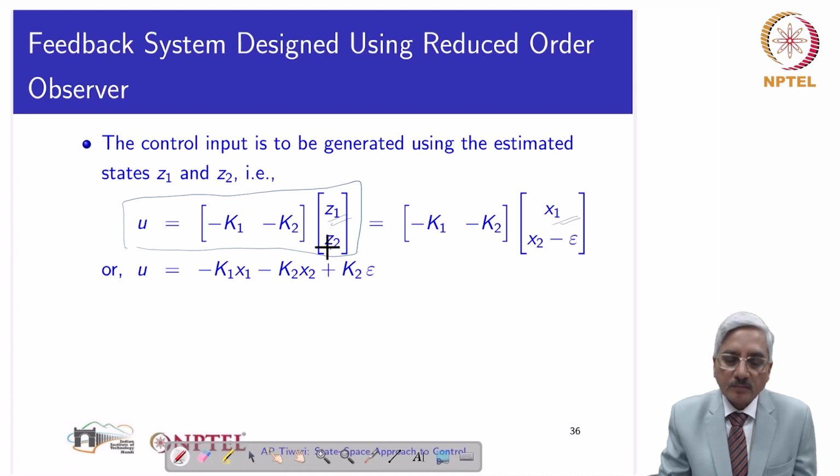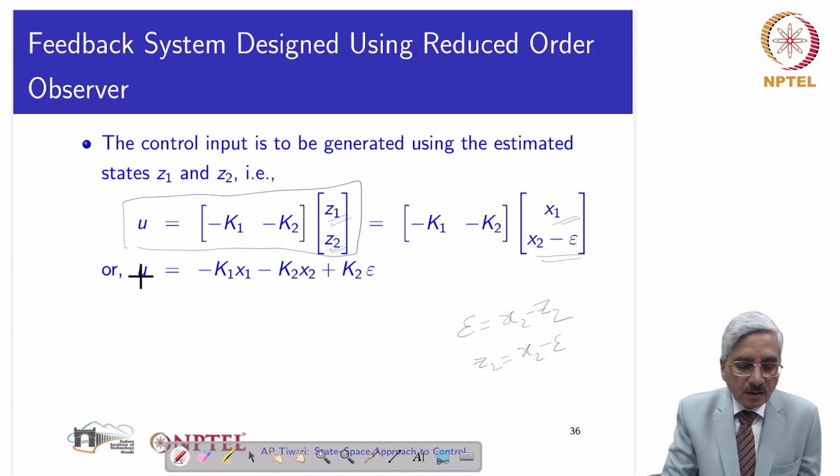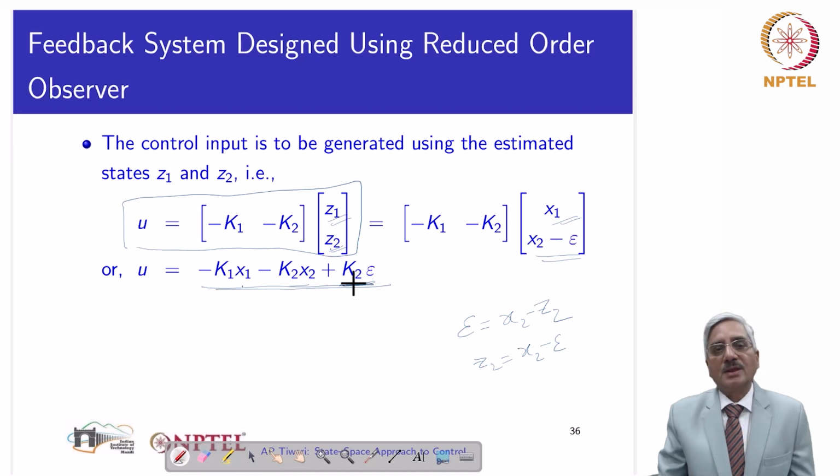But for Z2, because epsilon is X2 minus Z2, we can substitute in place of Z2, X2 minus epsilon. So we get the input generated like this: K1 X1, K2 X2, and K2 epsilon. This is that through the error. As long as Z2 is not equal to X2, this K2 times epsilon will be non-zero.